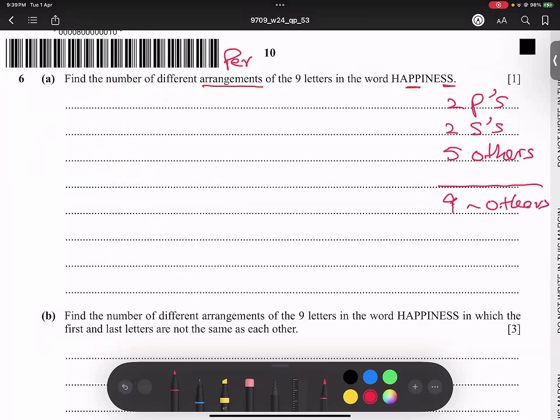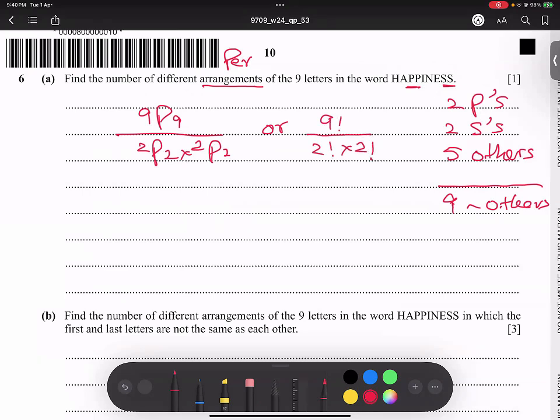All right, so let's start. He said happiness. Now, what is the technique to write? I should write 9P9 in the numerator, divided by, because 2 P's and 2 S's are repeating, 2P2 times 2P2. Or, if the repeated numbers are the same, we can write 9 factorial as well, but if they're not the same, we can't write it.